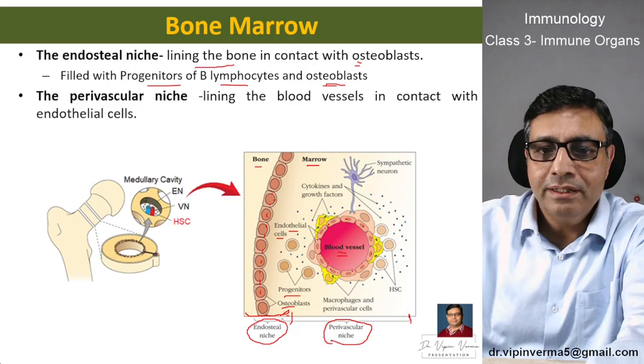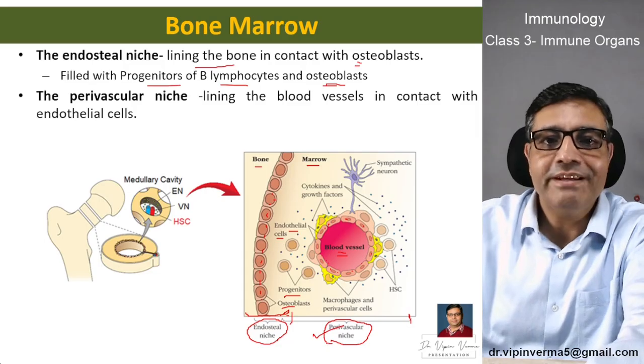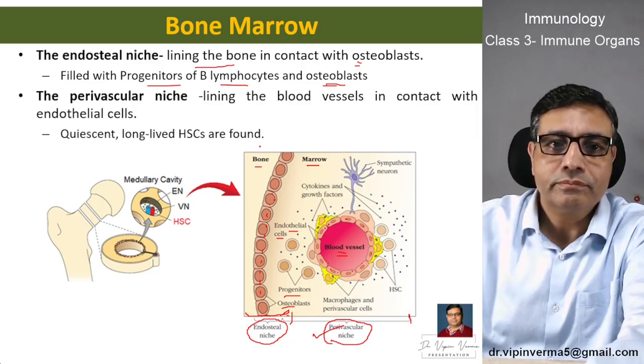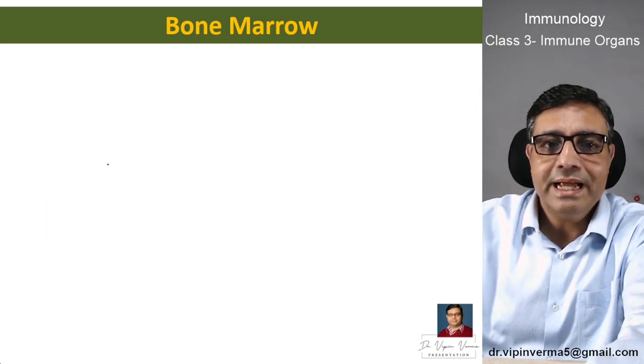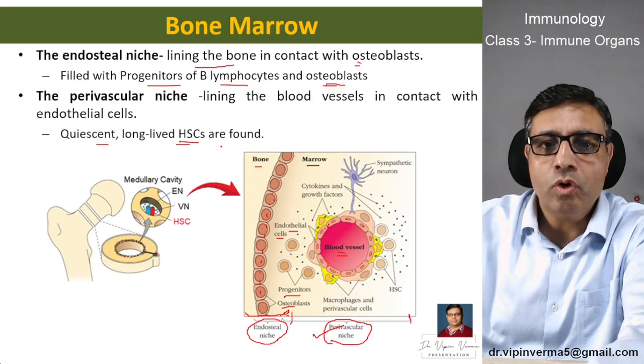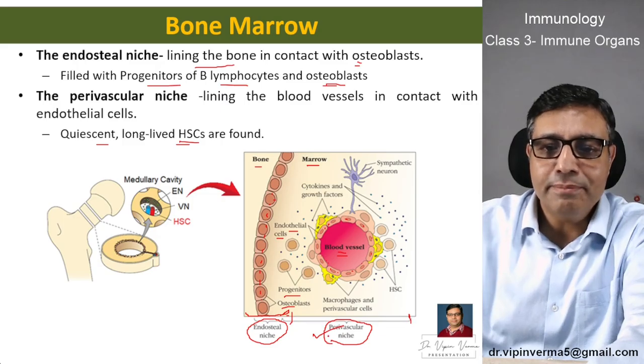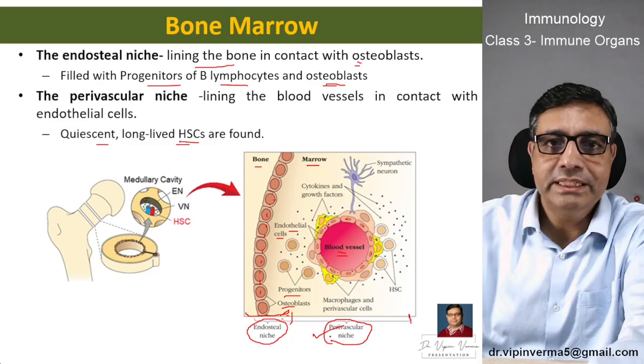Fine. And the area in between the endosteal niche and these endothelial cells is known as the perivascular niche. Here you will get the quiescent and long-lived hematopoietic stem cells, and they are majorly part of the perivascular niche.